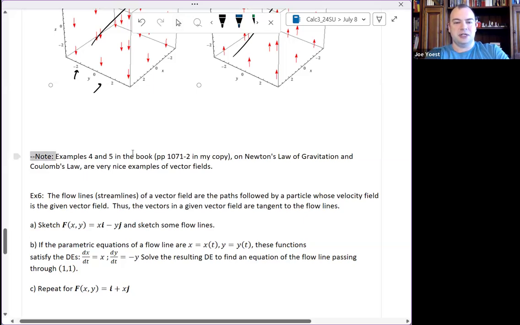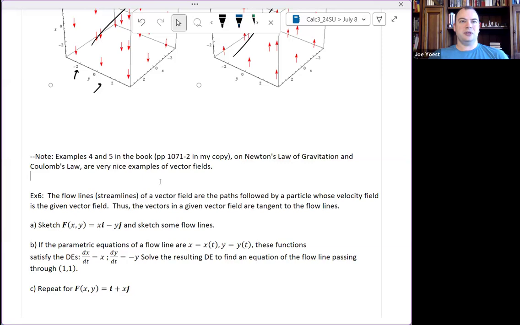And one little note on the examples, particularly on Newton's law of gravitation: they go through and show two different algebraic representations, one with everything written as vectors and another with everything written in terms of the scalar components. And you can see how when you write everything out in terms of the scalar components, it's this big, long, nasty equation.